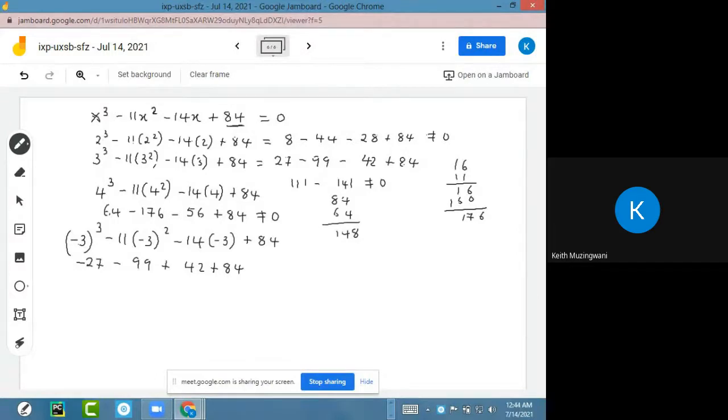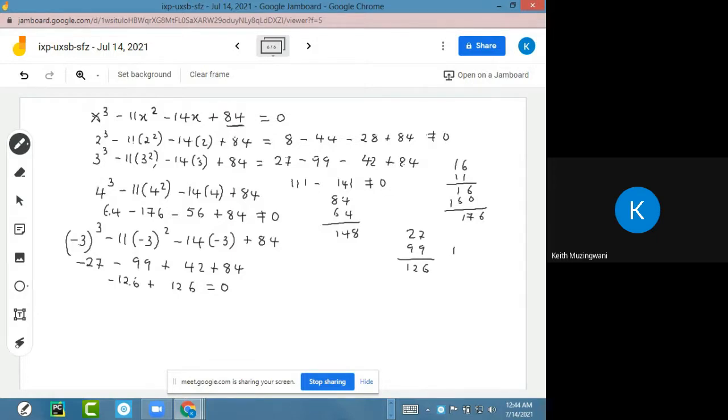So 27 plus 99 is 126. So we have -126 plus 126. Okay, this is 0. Good. So we have found one that gives 0.